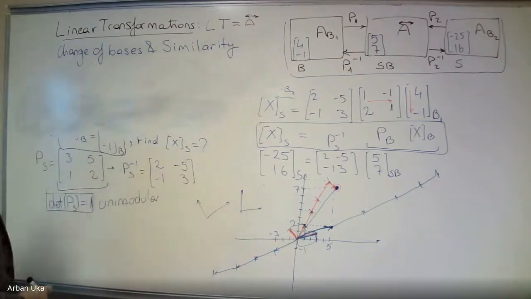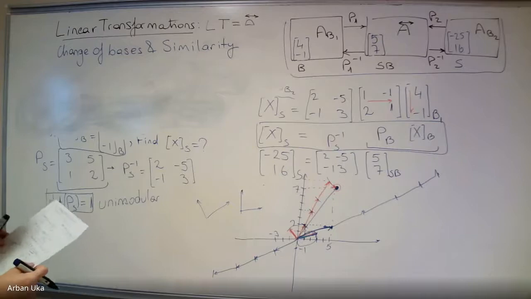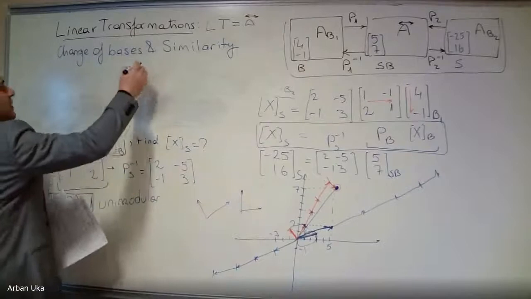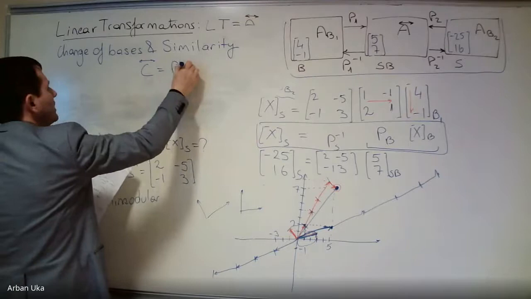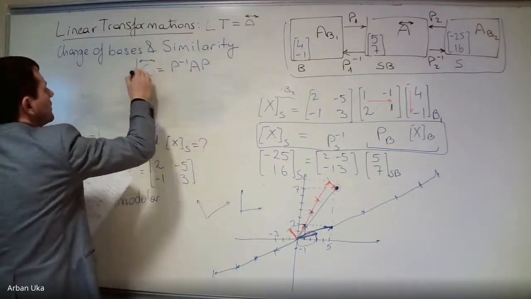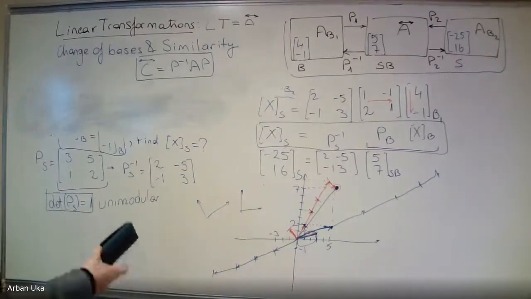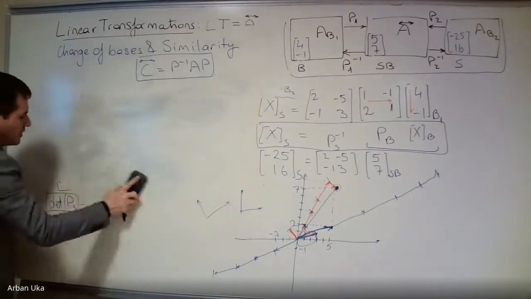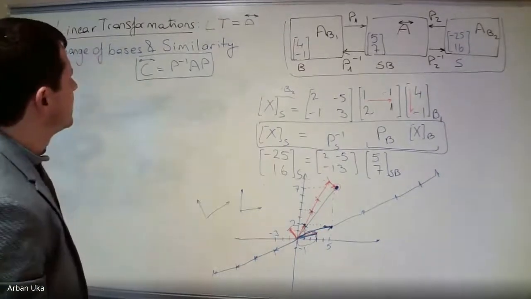So, the change of basis and similarity, we want to say that the essence of what we are going to see in this case is that the similarity is defined whenever we have that the matrix C is equal to a matrix of P inverse times A times B. Okay. So we are going to define in a very short way, for the sake of understanding it, what we mean with this.